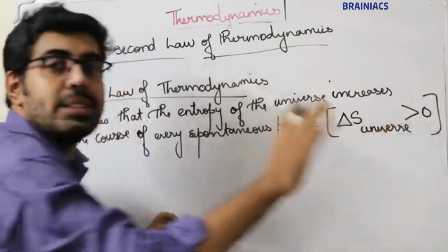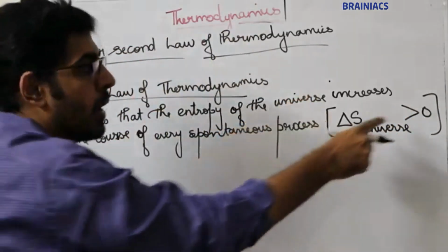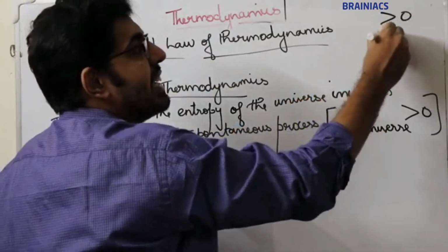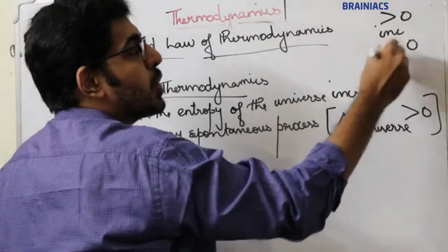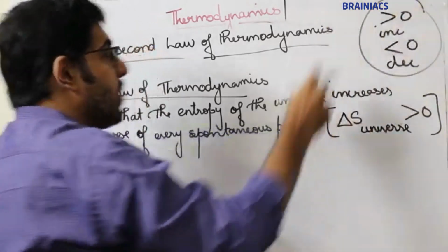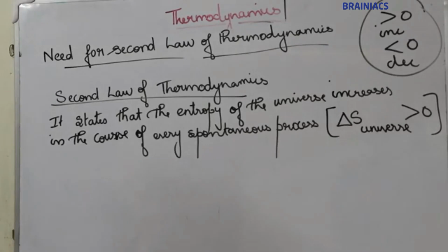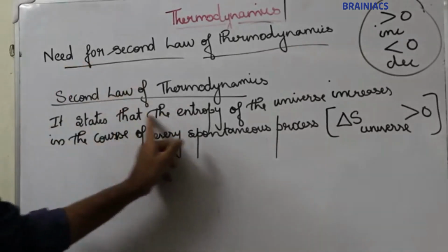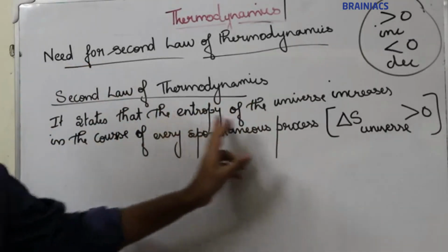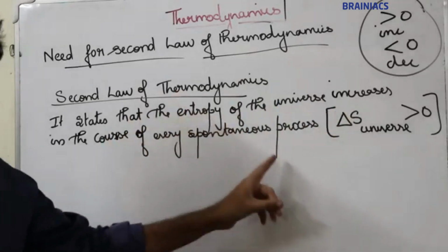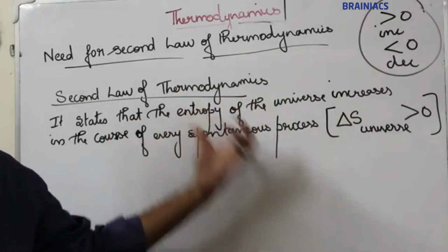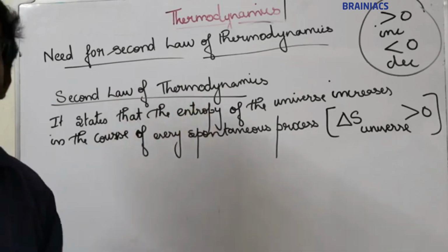Greater than 0 means increases. Less than 0 means decreases. So, second law of thermodynamics states that for every spontaneous process, entropy of the universe increases.